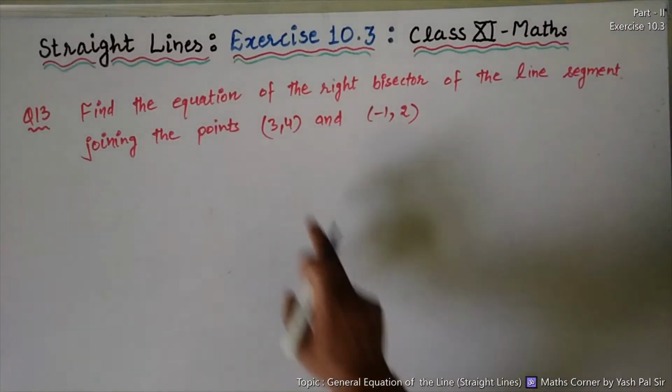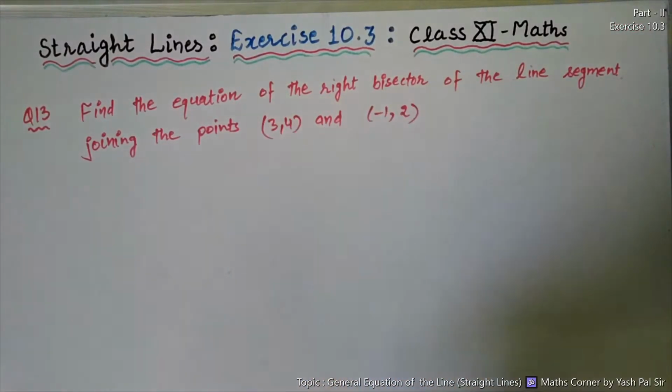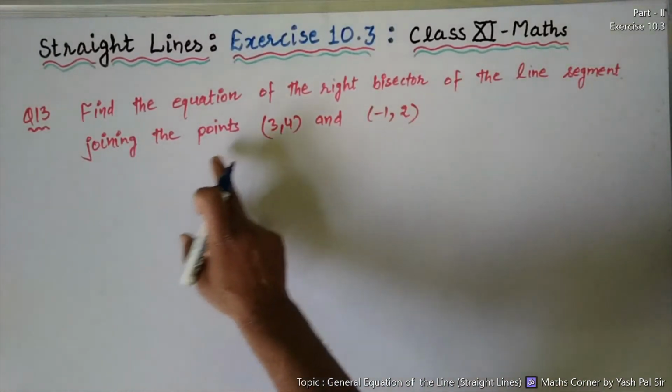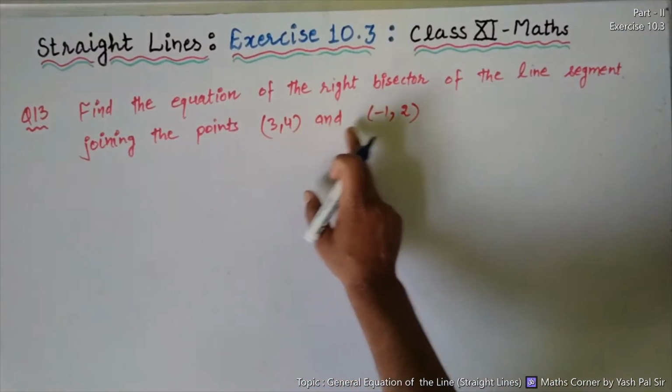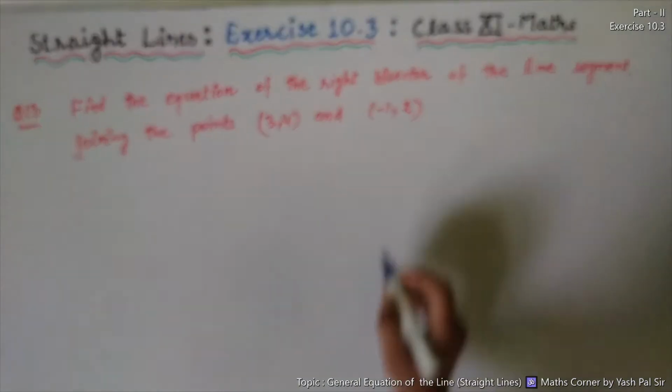Number 13. Find the equation of the right bisector of the line segment joining the points 3 comma 4 and minus 1 comma 2.